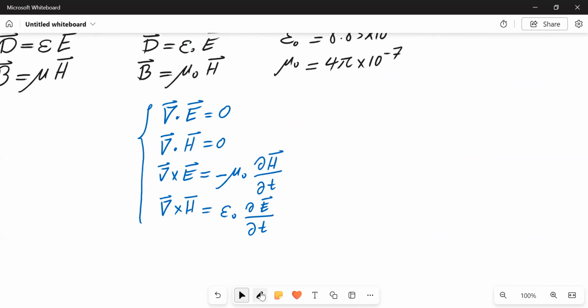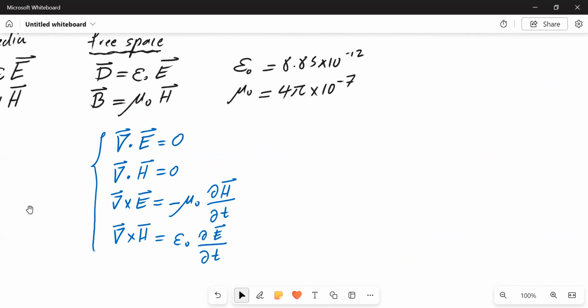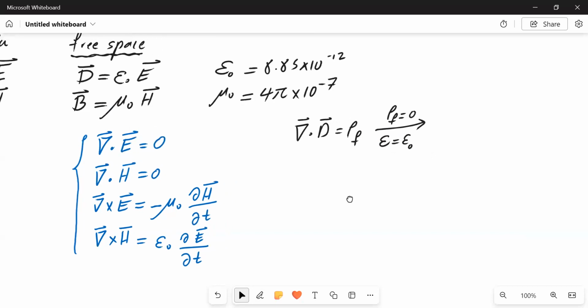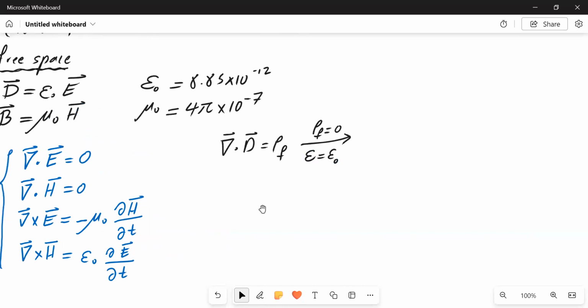Maybe I should just write it down so that you can see how it works. So let's say we're talking about free space. The divergence of D, let's say the original form is rho F. So if I'm talking about a region where there's no charge density, and we're talking about a linear medium, in which, by the way, this epsilon, sometimes people call it the dielectric constant, the permittivity is that of free space, and this would easily look like the divergence of epsilon naught E equals zero.